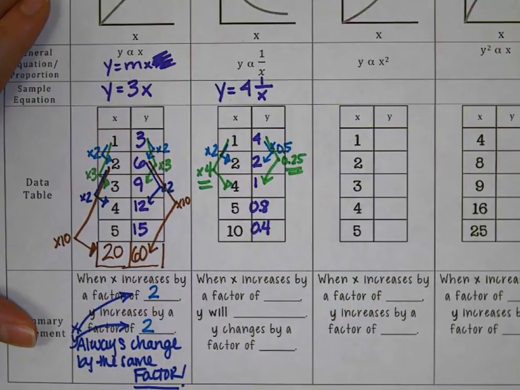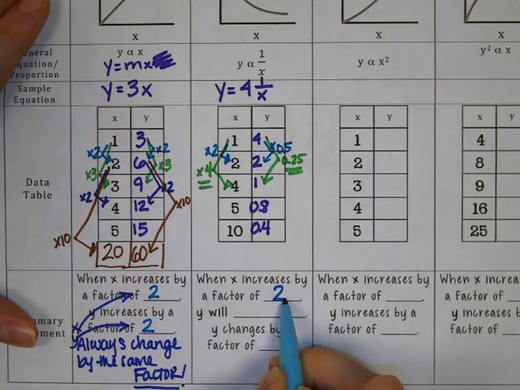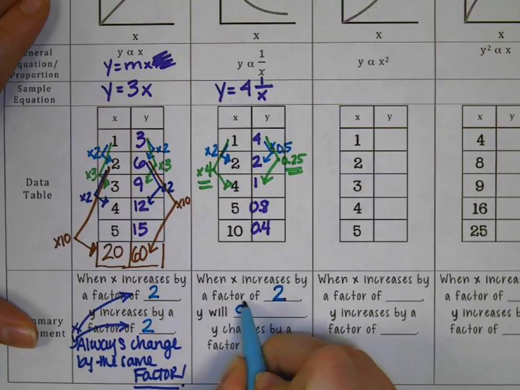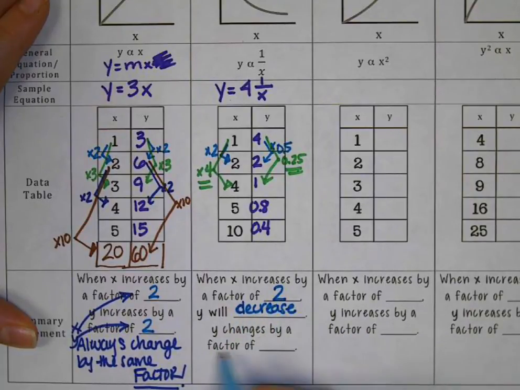So it seems like we have down here that when x increases by a factor of 2, then, we're going to state this one a little bit different, y will decrease, and y changes by a factor of 0.5. So this one is not like our direct relationship.